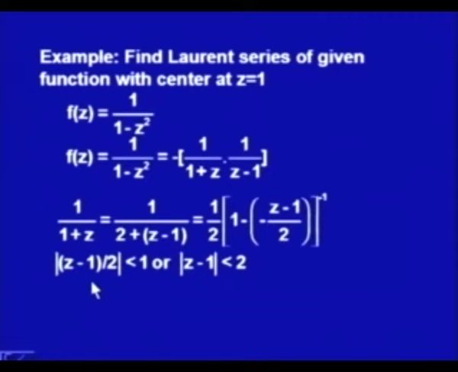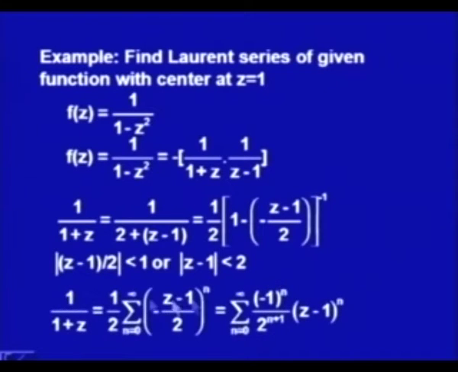And assuming modulus of z minus 1 divided by 2 is less than 1, or modulus of z minus 1 is less than 2, then the modulus of this term will be less than 1, and we will be able to expand it in power series in powers of z minus 1.